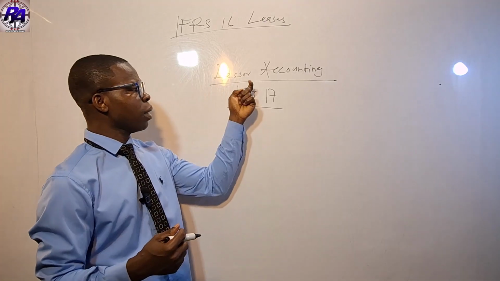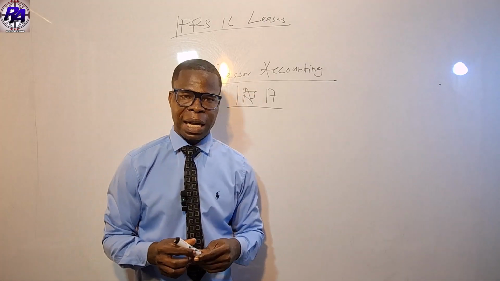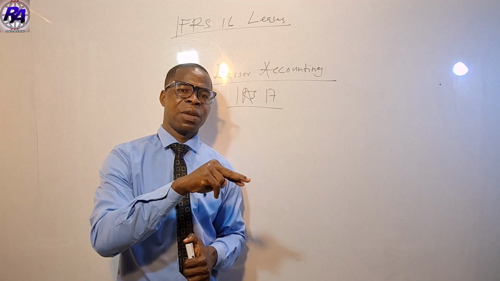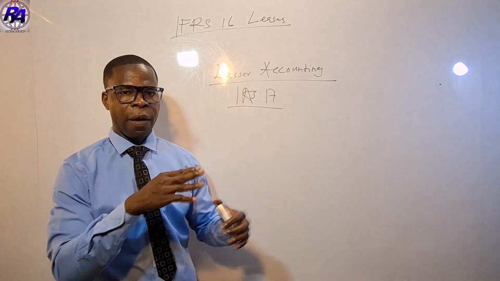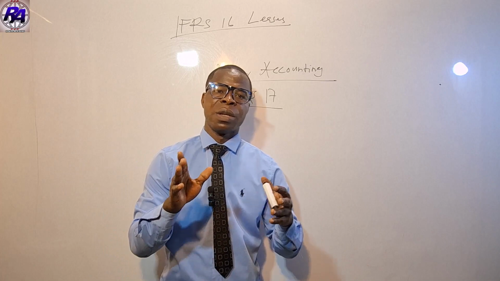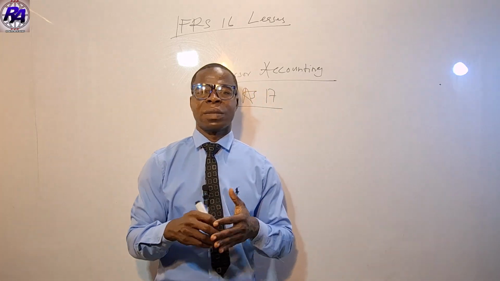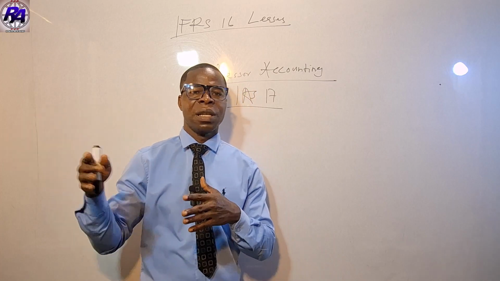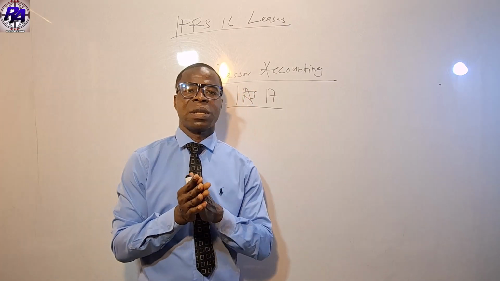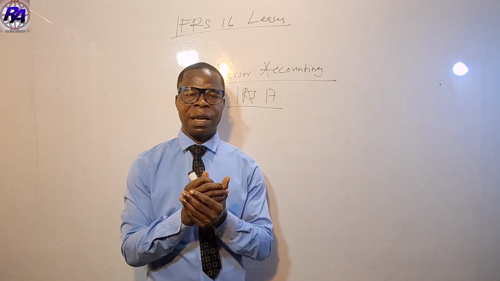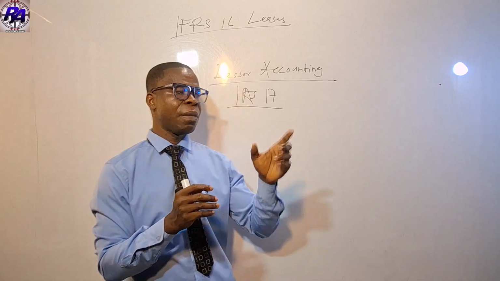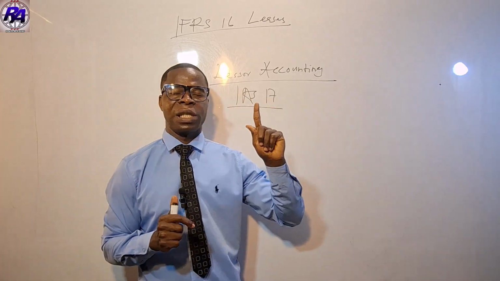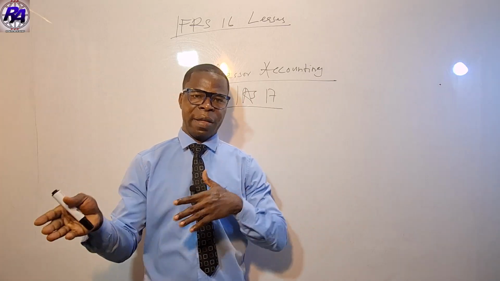So, a lessor must account for either one thing or the other, not the two. The lessee always accounts for two things, except when the lease is of a short term or the lease asset is of a low value. But the lessor accounts for just one thing or the other.